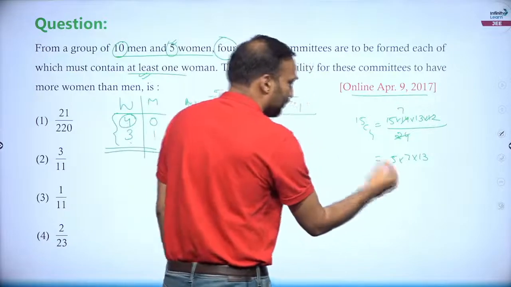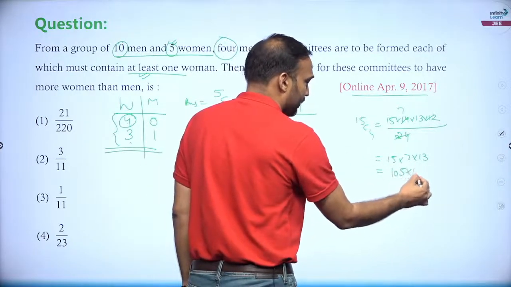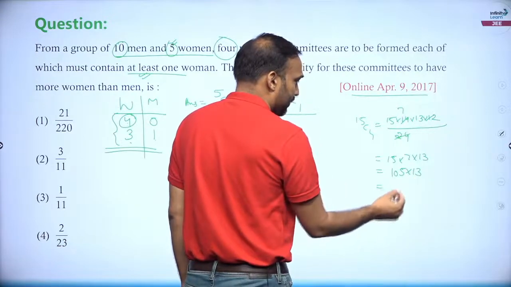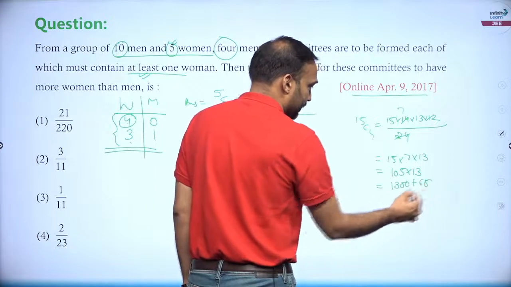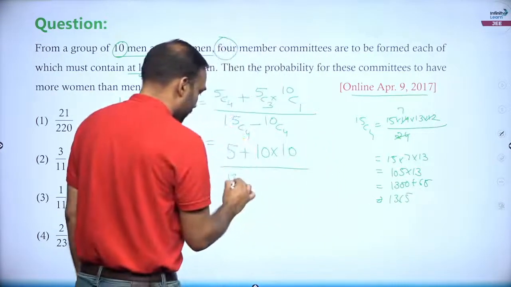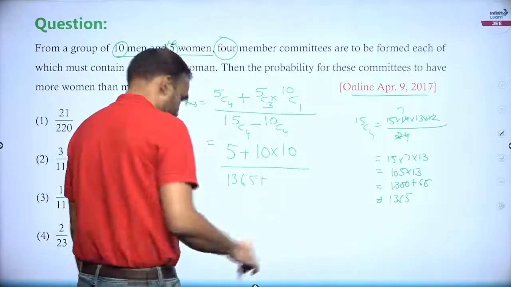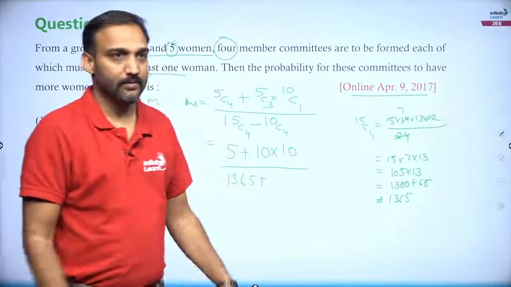So we will also multiply these. 15 7s are 105. 105 into 13. So 105 into 13 is 1300 plus 65, so 1365. Right, it is 1365. Right, guys?